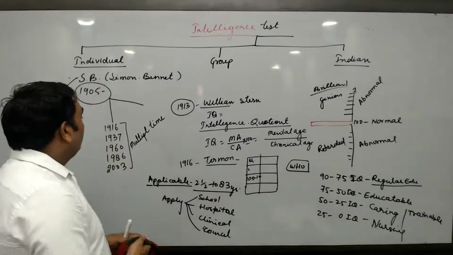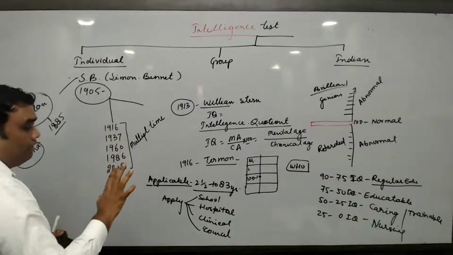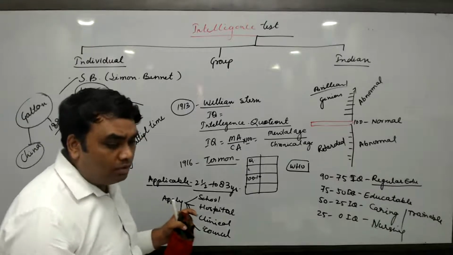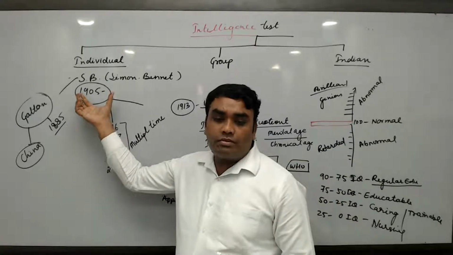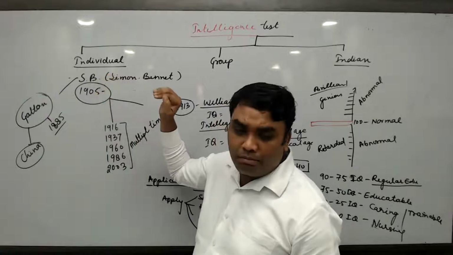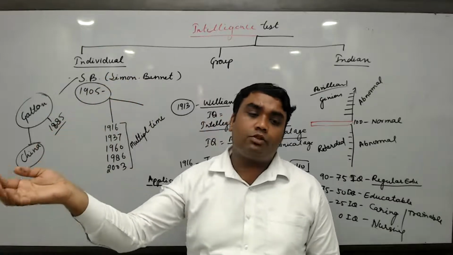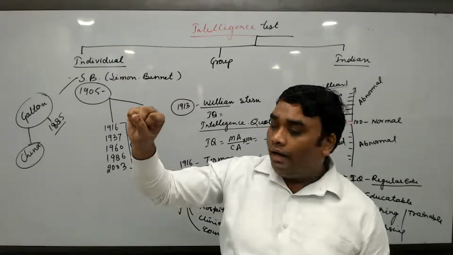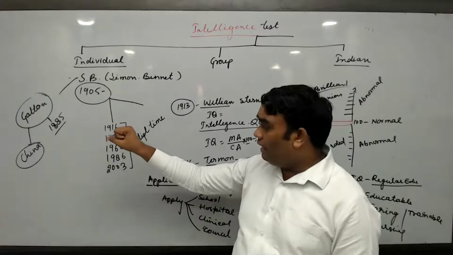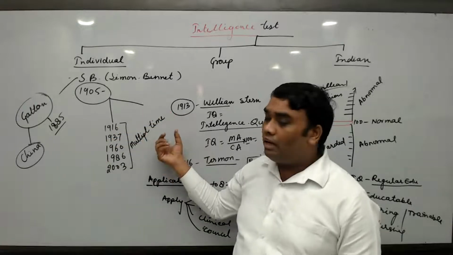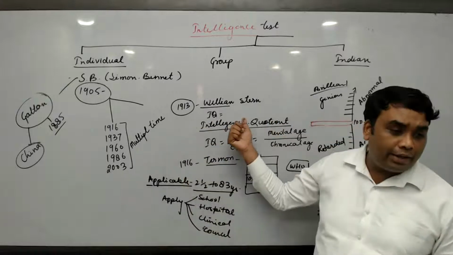So as we mentioned, this SB test was made emergently. Just to summarize, you need to conclude it. This test was made by Simon Binet in France in 1905 on the recommendation of the French government, and it has been revised several times. Due to the revisions, one important concept came out, named IQ.